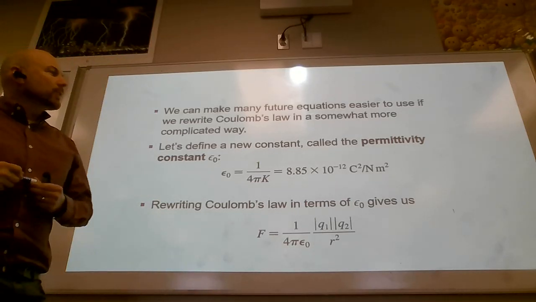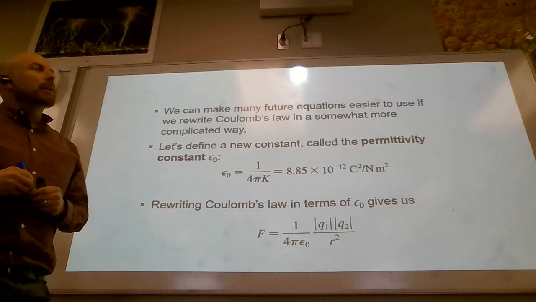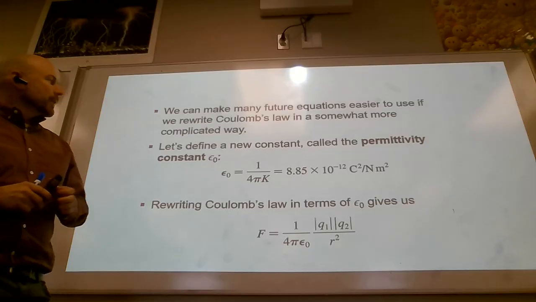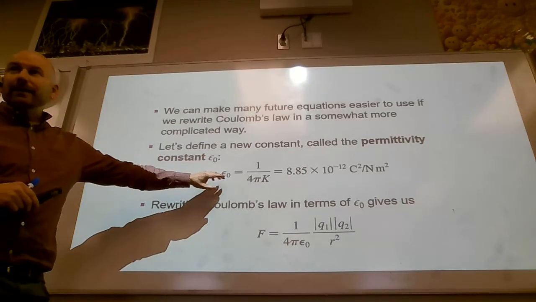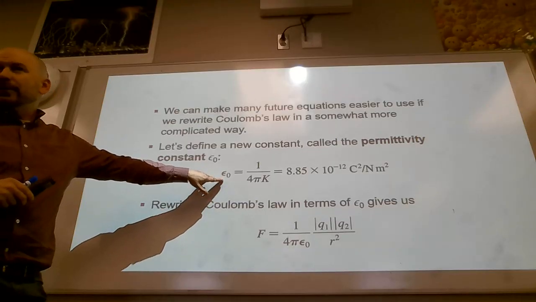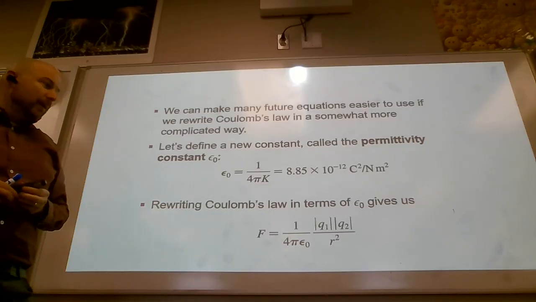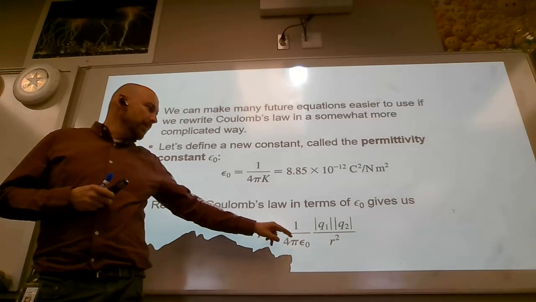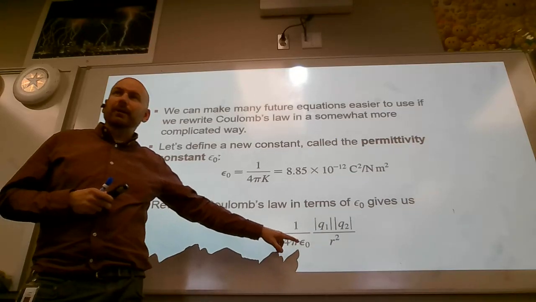So this is a new term. This is going to be convenient when we start doing calculus stuff. This constant, the permittivity of free space, epsilon naught, is 8.85 times 10 to the negative 12th. You'll see that a lot. And Coulomb's law is written as 1 over 4 pi epsilon naught.